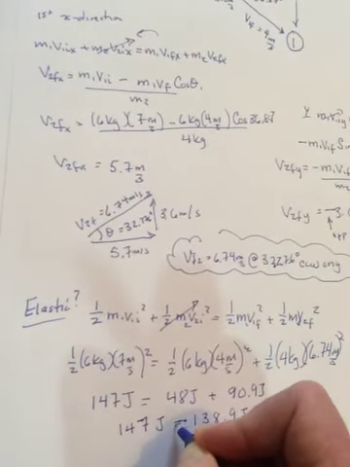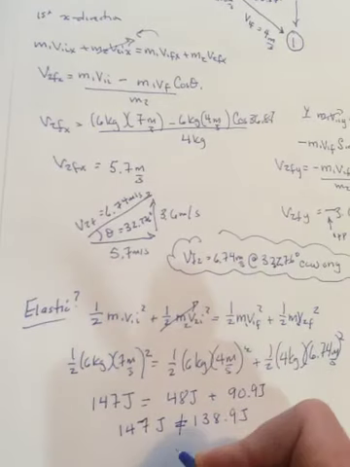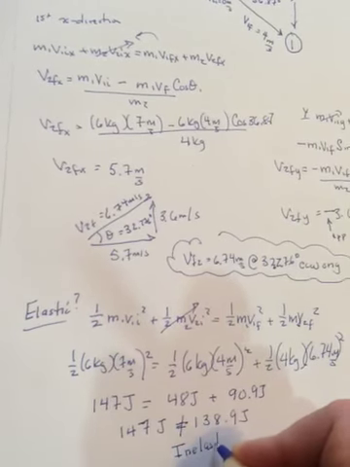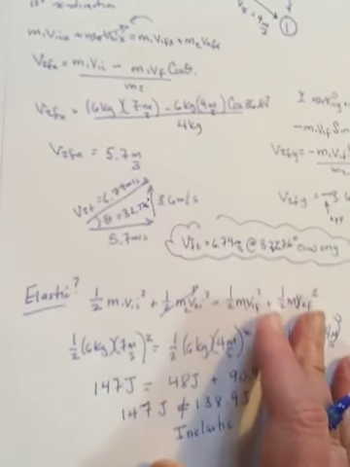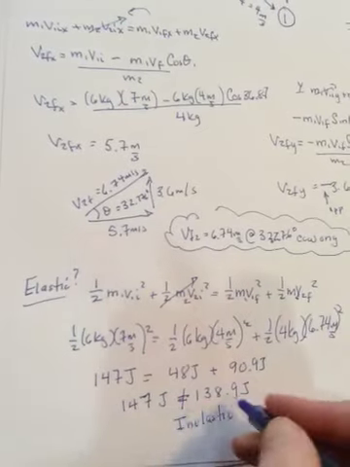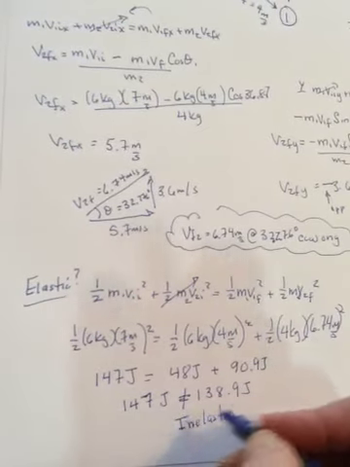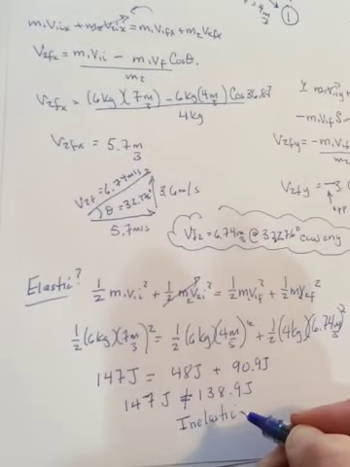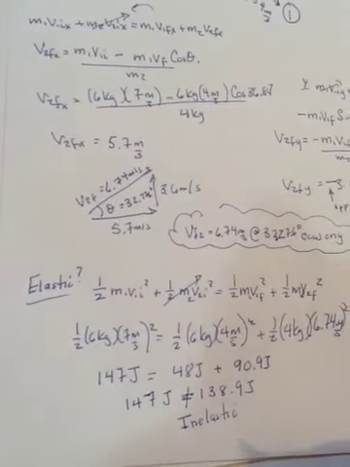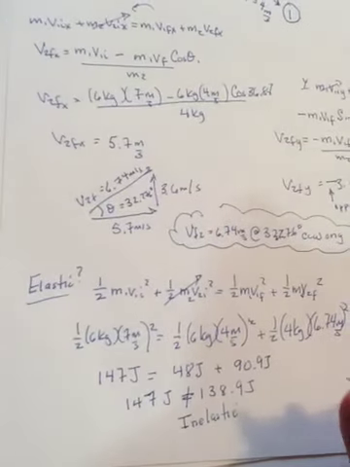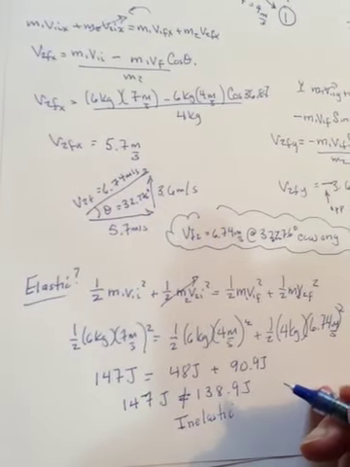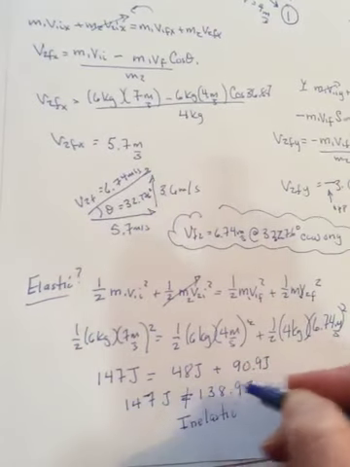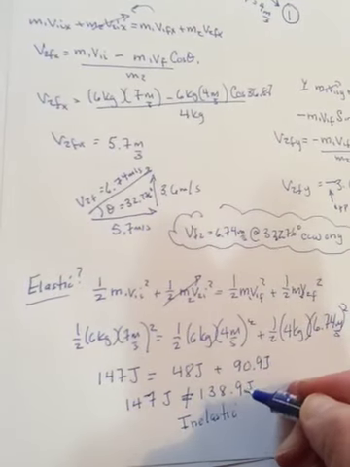So they are not equal. Remember how you put a line through the equal sign and you write inelastic. And remember that either they'll be equal to each other or the initial will be bigger. The final should never be bigger. If it is, you screwed it up, because you should never be able to make kinetic energy as a result of a collision. If you could, you'd get really rich and remember your physics teacher. So it's always going to be either equal or the final's going to be smaller.